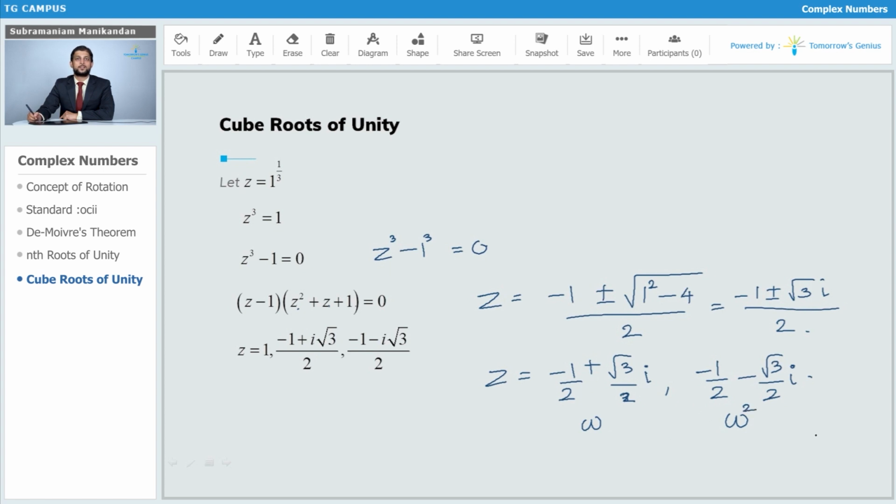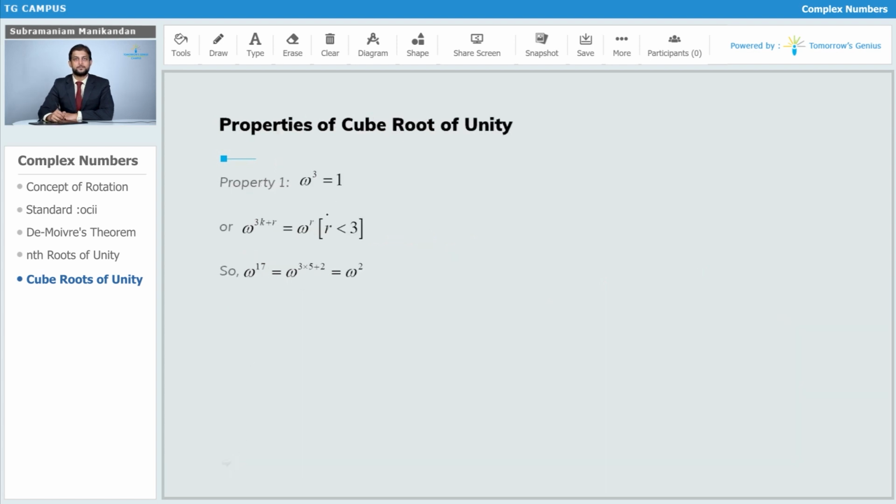I can just write that as omega square. So therefore, the cube roots of 1 are the real number 1 and the two imaginary numbers omega and omega square. So as promised by the fundamental theorem of algebra, we get 3 roots for the cube root of 1, just that the other 2 roots are imaginary roots and 1 is the only real root.